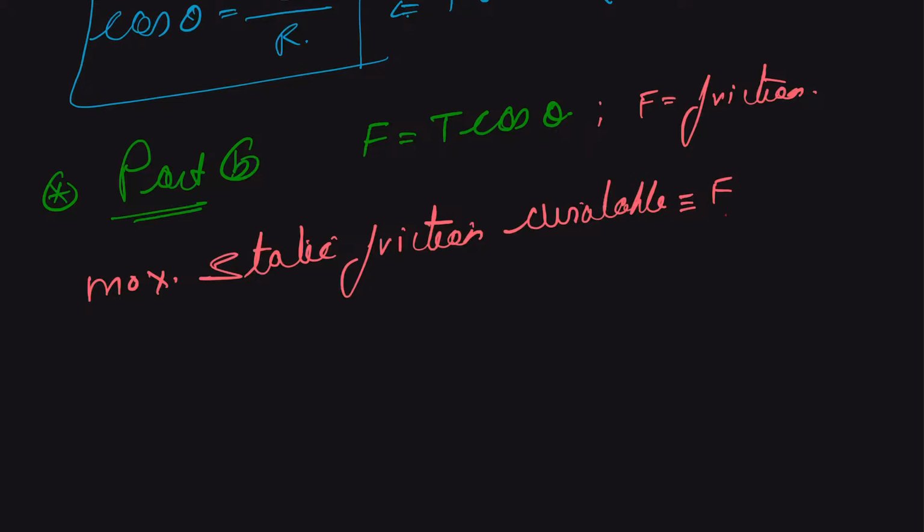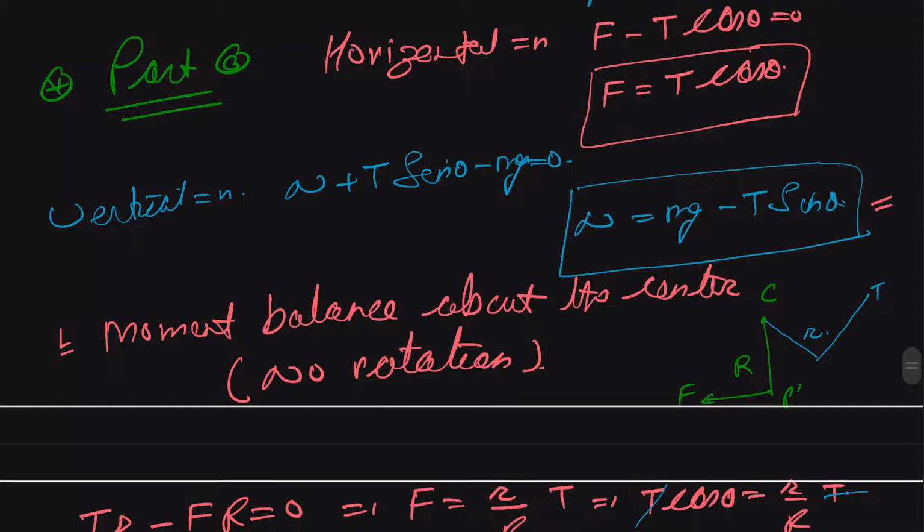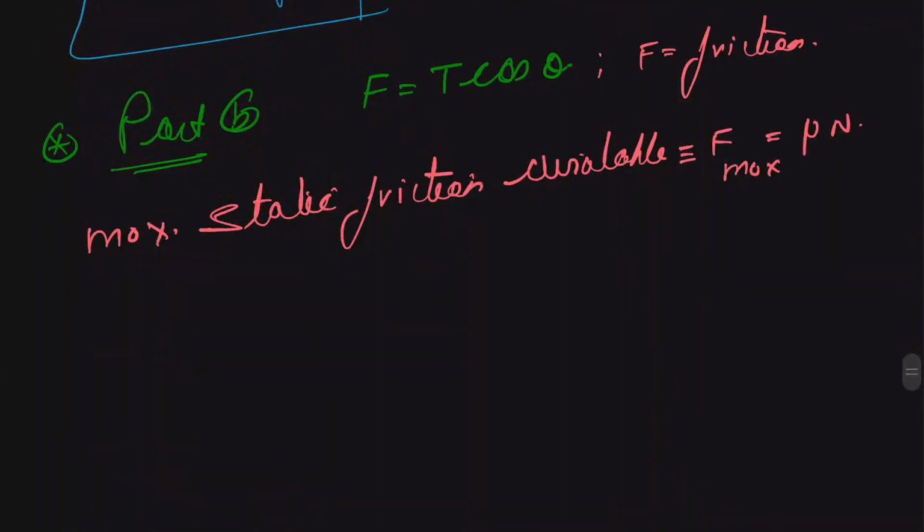that is, suppose our F max, should hold the relationship F max is equal to μ times N. And N we have already calculated, so we substitute it. Therefore we get that F max will be equal to μ times (mg minus T sin θ).